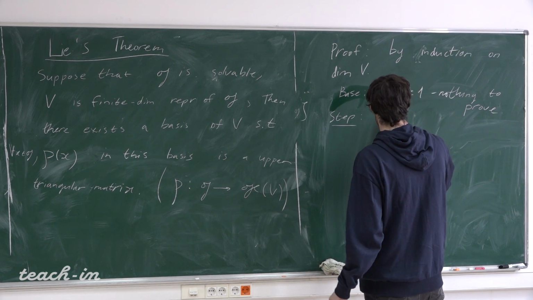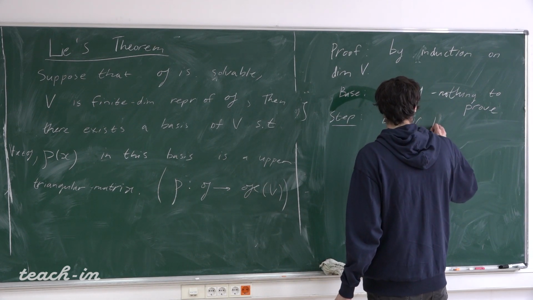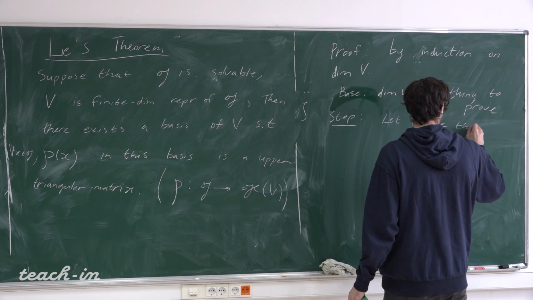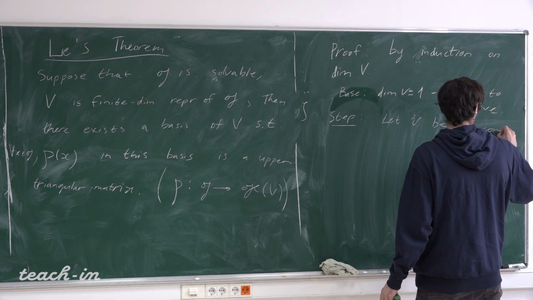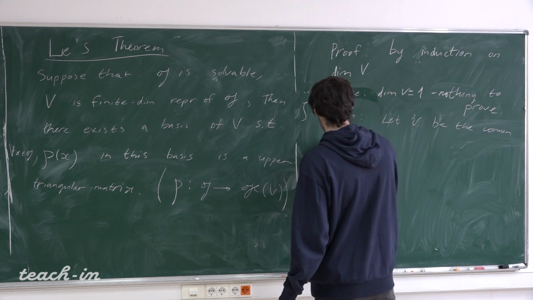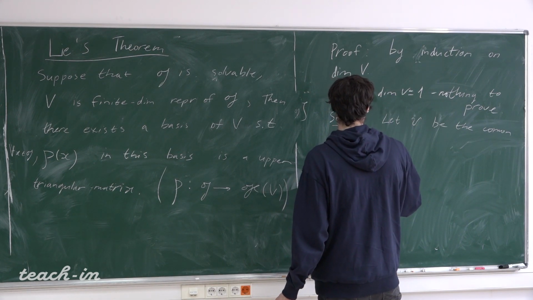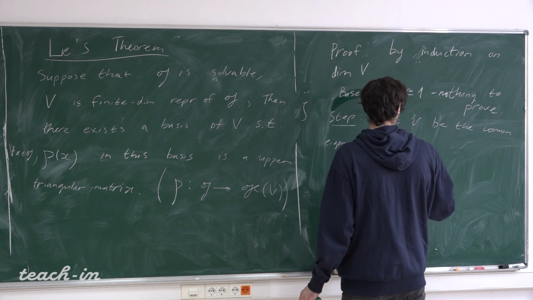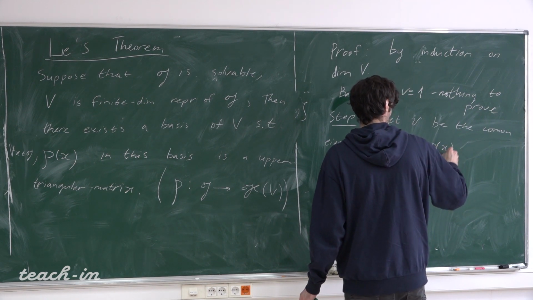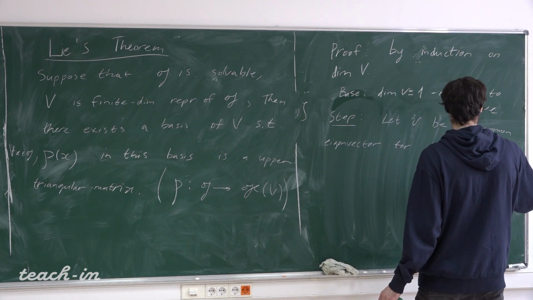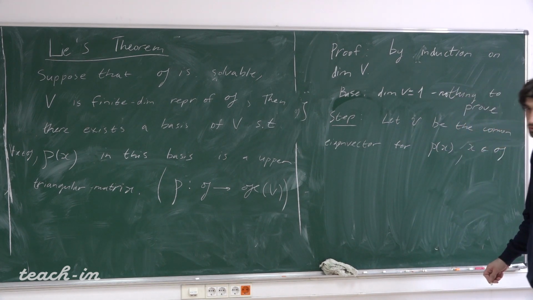So let v be the common eigenvector for rho of x as x runs through G. It's an invariant subspace, a subrepresentation, right?